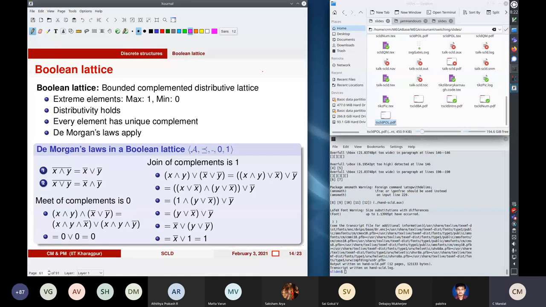These are straightforward steps. You find that the join of those two expressions is 1. So you can say that those are complements. So the other property can also be shown. That's how you can show that De Morgan's laws apply in a Boolean lattice.